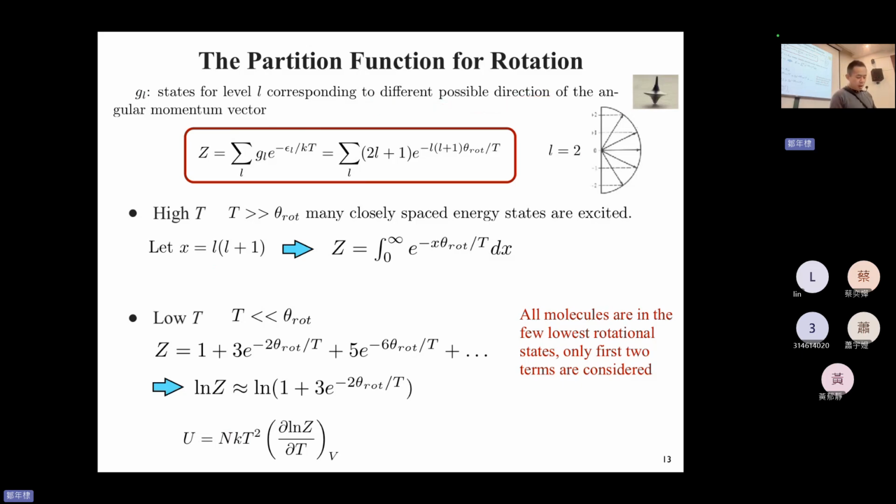What does that mean? When you have a rotator like a gyro, you twist it, you rotate it. You can imagine that when you have higher energy, you rotate faster, you may have more possible angles.